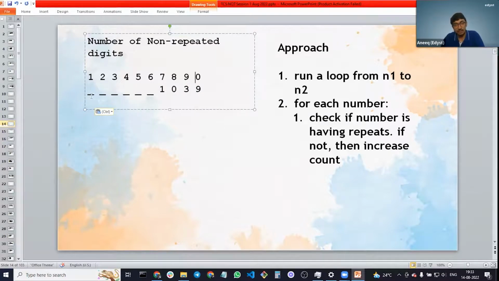Now, what are the possible candidates for this number? For the first number, what are the possible candidates? Okay, I'll show you.